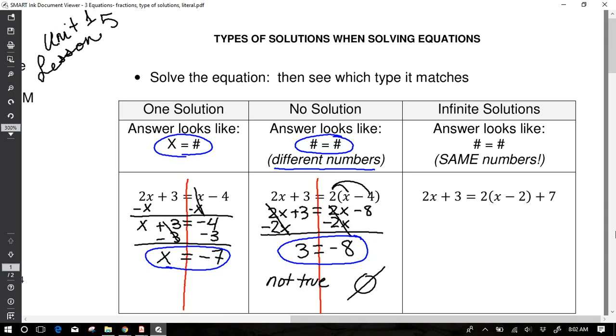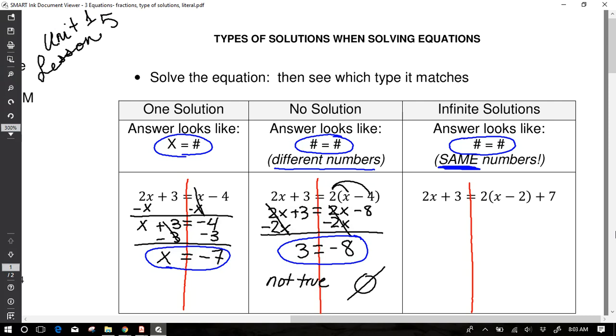All right, our last type of equation that we're going to talk about is if I have infinitely many solutions. Infinitely many, when I solve this, it will look like a number equals a number again, meaning that there's no variable terms. However, the numbers will be the same.